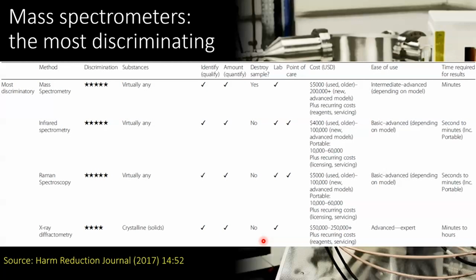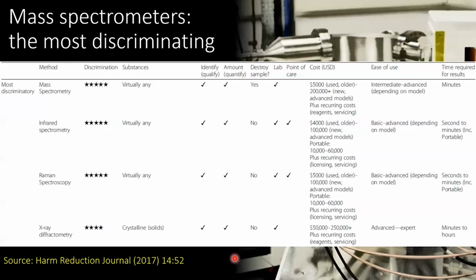So mass spectrometers are considered to be one of the most discriminating types of instrumental technique used in forensic science. I've pulled this table out from the journal shown down here, and it ranks the top 4 instrumental techniques in terms of what is the most discriminatory technique.